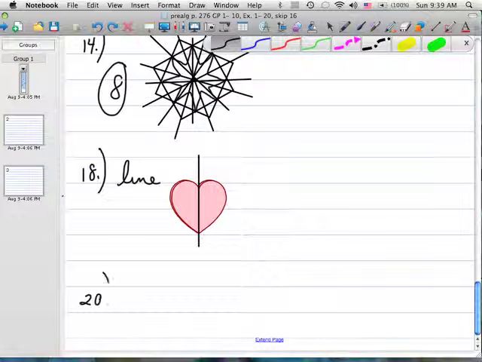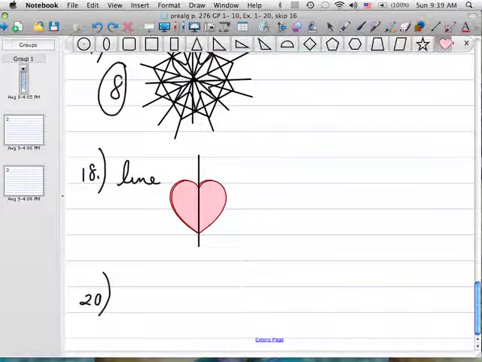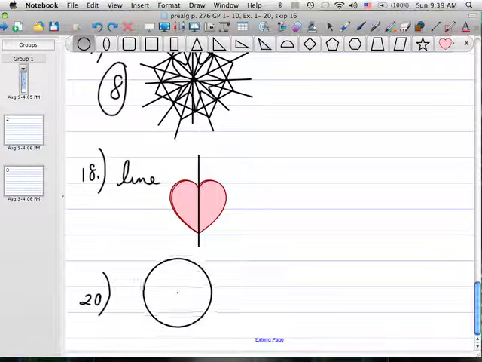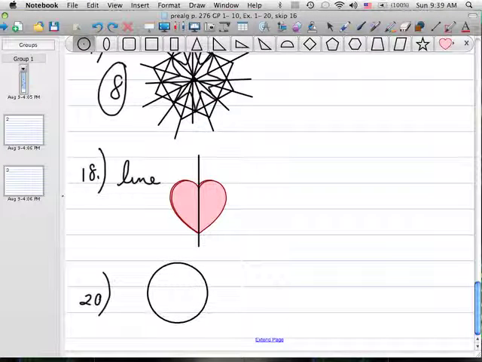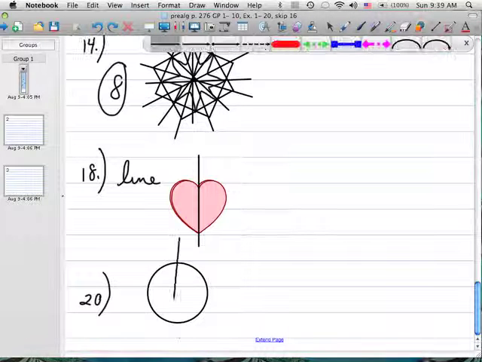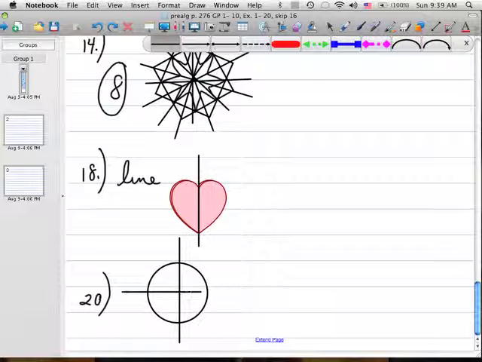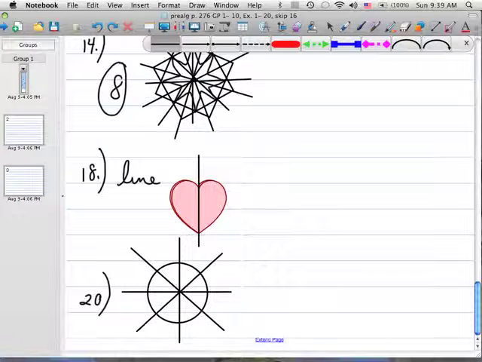Number 20, you have a circle. And a circle has an infinite number of lines of symmetry, because everywhere you go, you can keep drawing lines of symmetry. So definitely lines of symmetry.